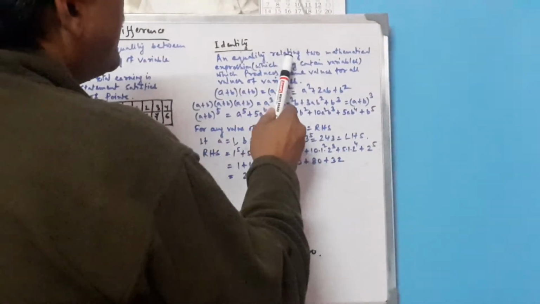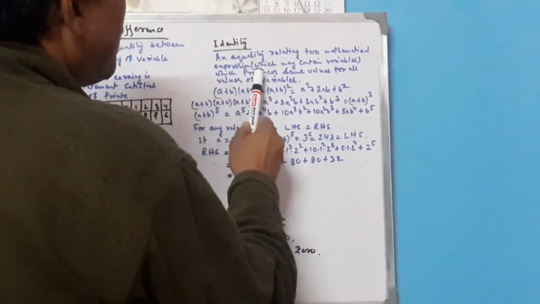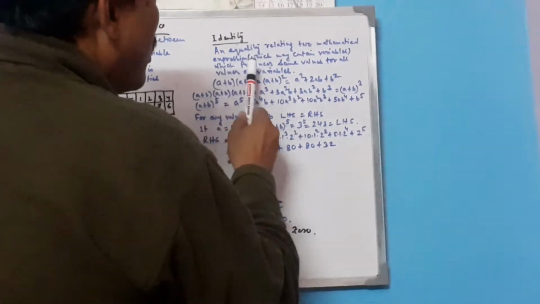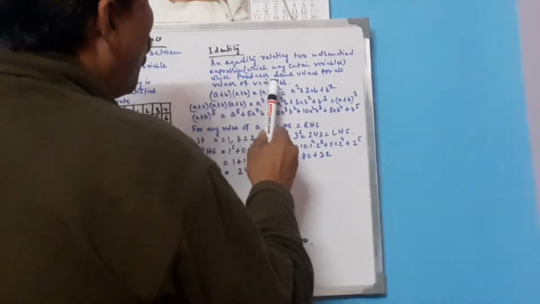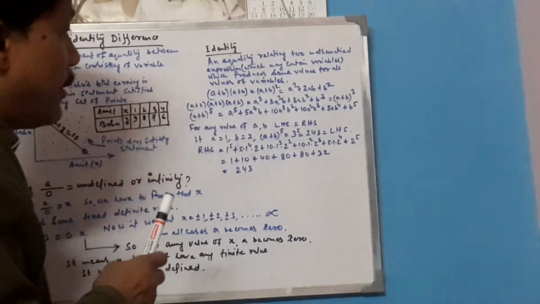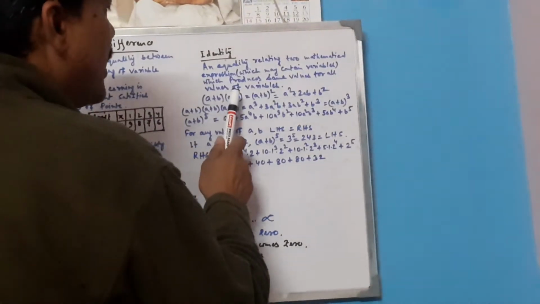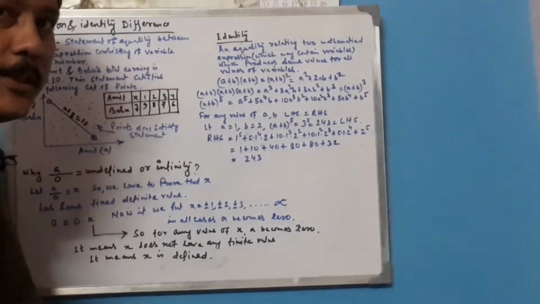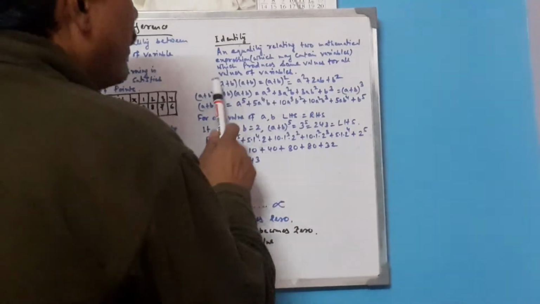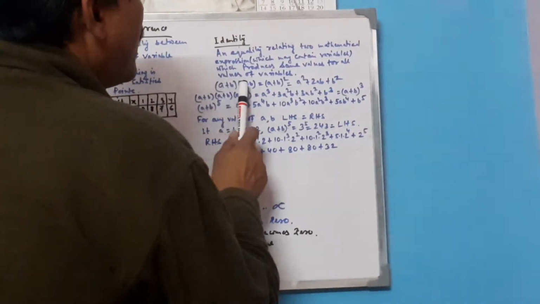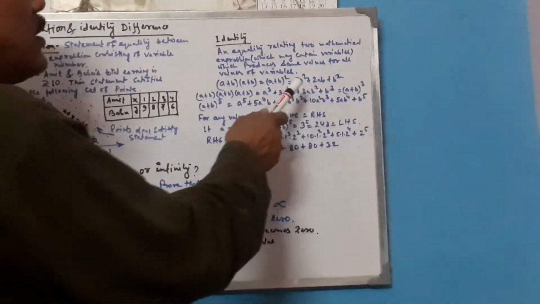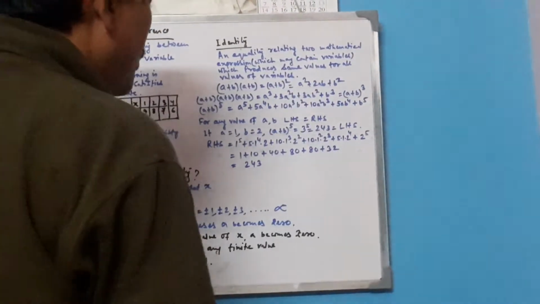An identity is an equality relating two mathematical expressions, which may contain variables, which produce the same value for all values of the variable. It means in case of an identity, in both the left hand side and right hand side expressions, only variables will be there, which may be coupled with some constants also.